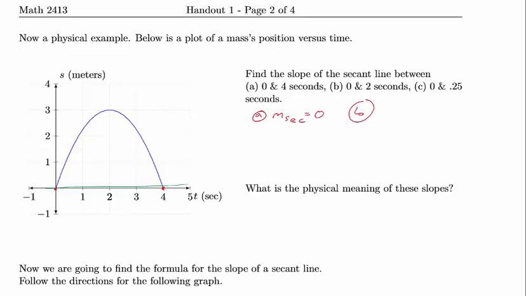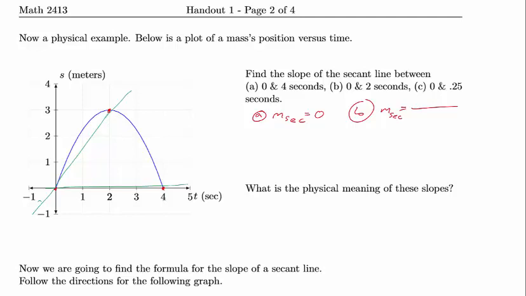Okay. All right, part B. Between 0 and 2 seconds. All right, there's our secant line there. Obviously, it's going to have a positive slope, so let's go ahead and take a look at it. So the slope of the secant line for part B. And we start off at 0, 0, so that makes things a little bit easier. So rise over run.